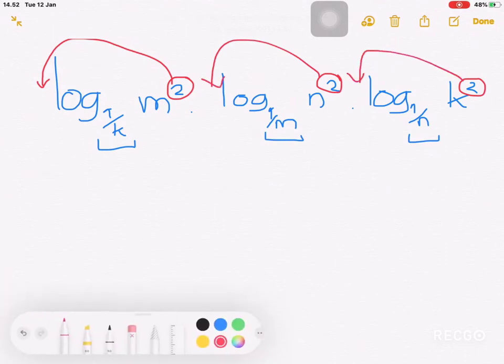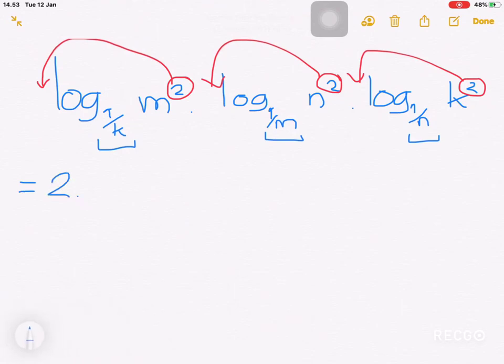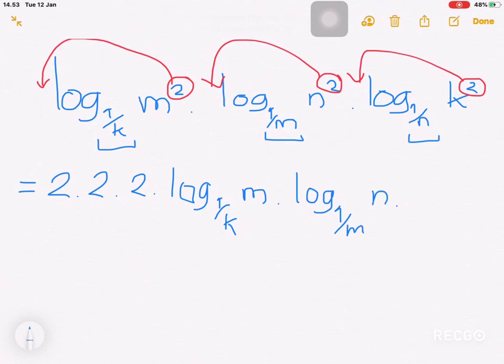So after extracting a 2, we will get 2 multiplied by another 2, and multiplied by another 2, and we're left with log base 1 over k of m times log base 1 over m of n times log base 1 over n of k. So notice this can simplify into 8, so we need to find what this value is.